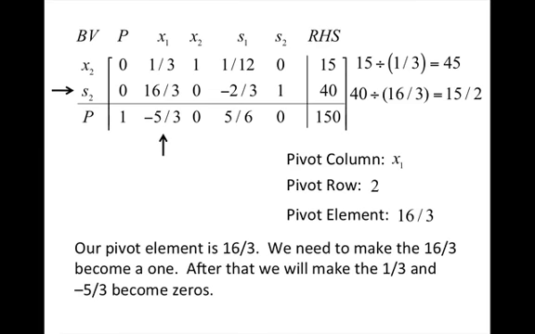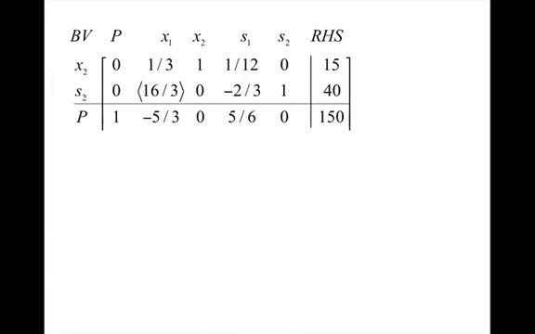So I need to make that 16/3 become a 1, and then I need to make the other elements, the 1/3 and the negative 5/3, become zeros. To make the 16/3 become a 1, I'm going to divide row 2 by 16/3. And I suggest you use the fraction button on your calculator.